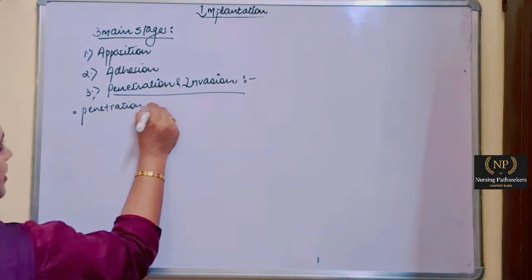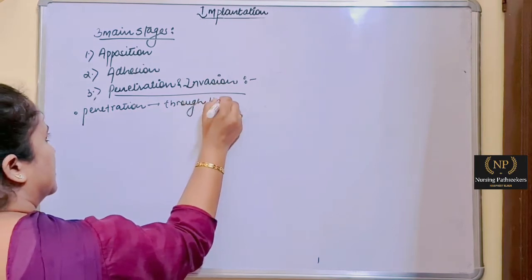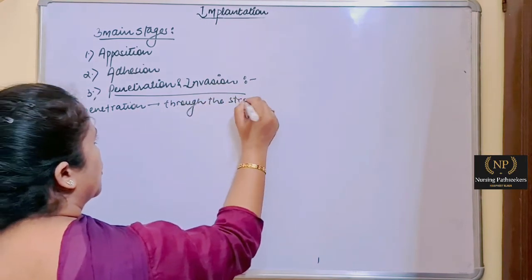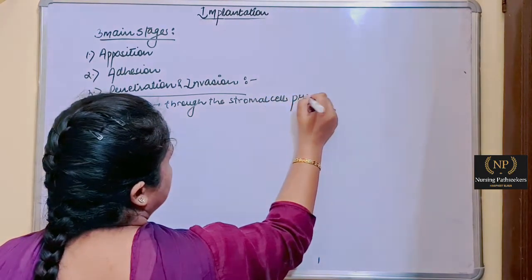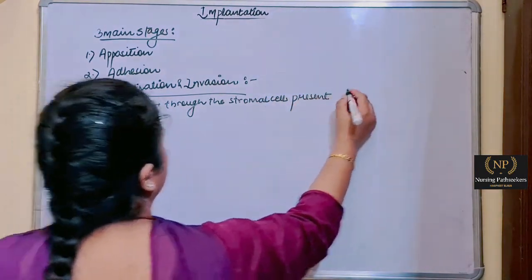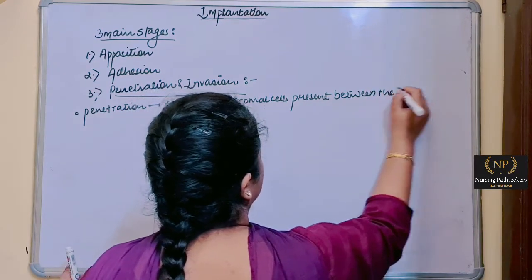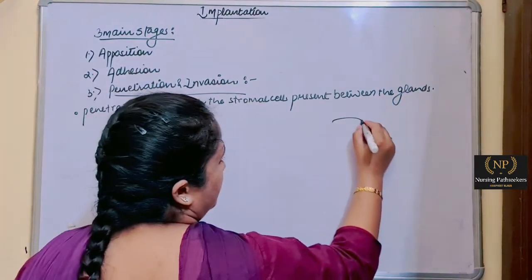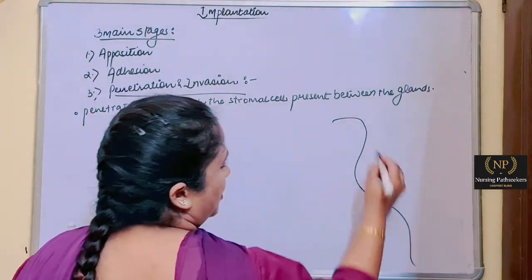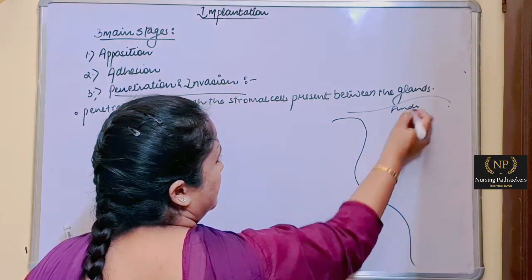Penetration occurs through the stromal cells present between the glands. Now focusing on this part, this is the fundus.